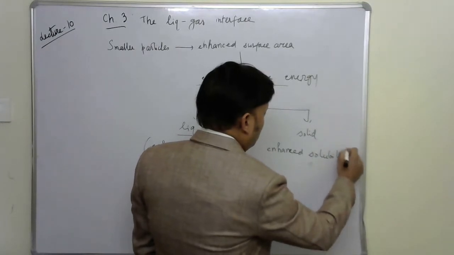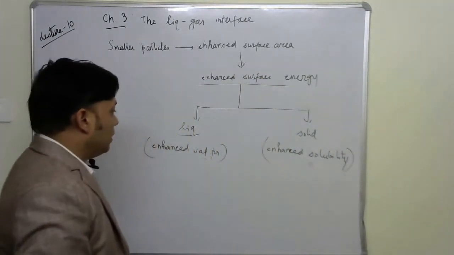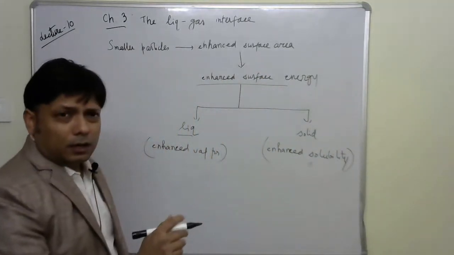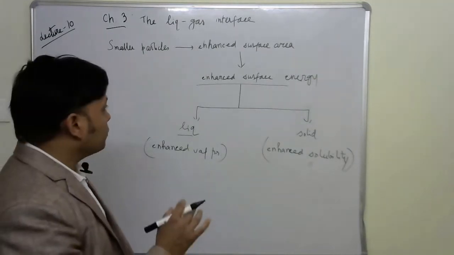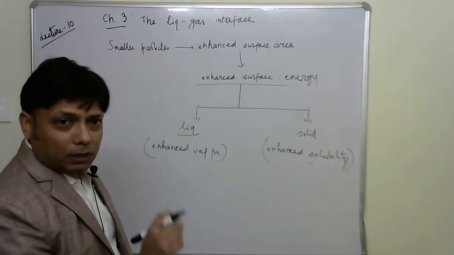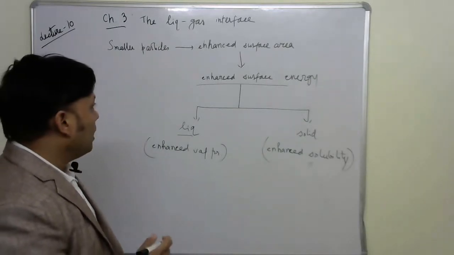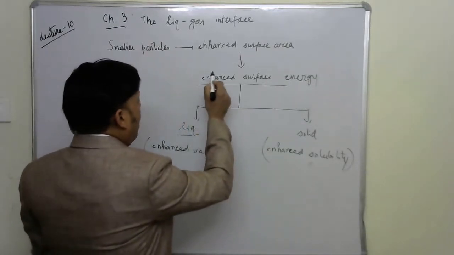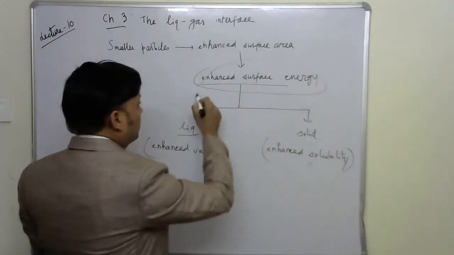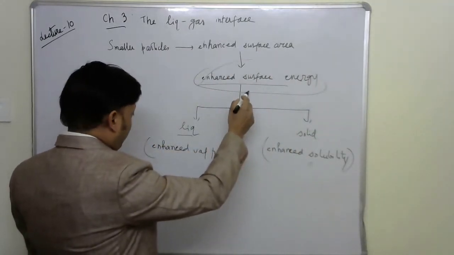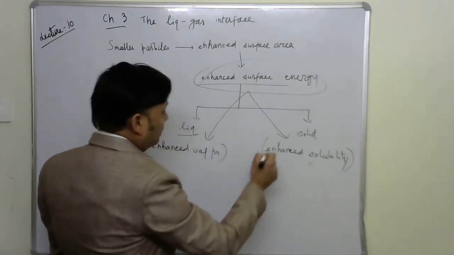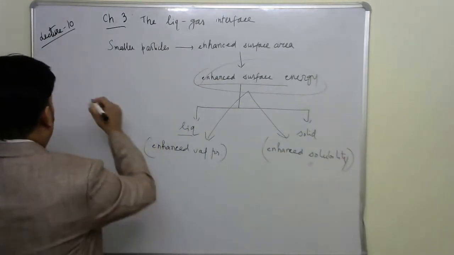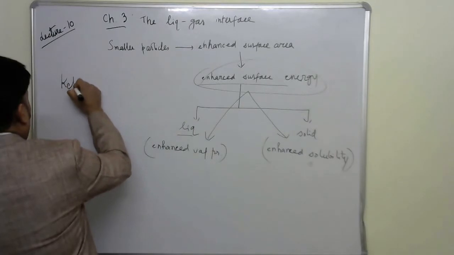Okay, so there is an equation that comes from thermodynamics, a mathematical equation that relates how this enhanced surface energy affects the enhanced vapor pressure and enhanced solubility. So that equation is known as the Kelvin equation.